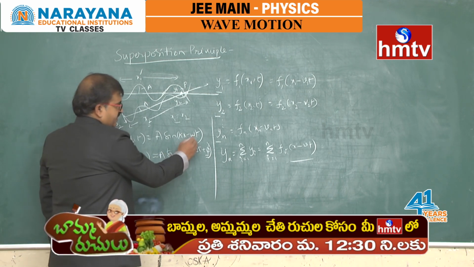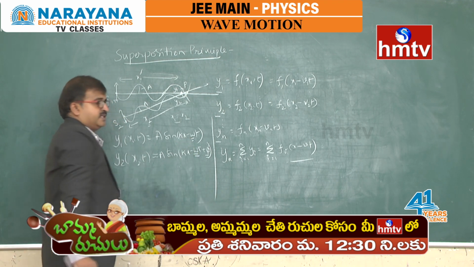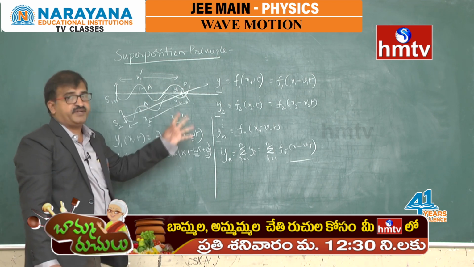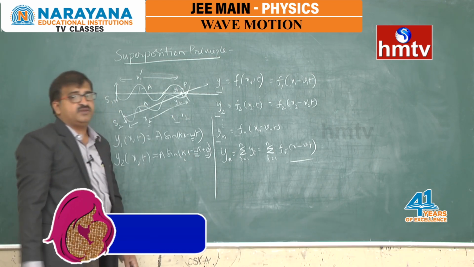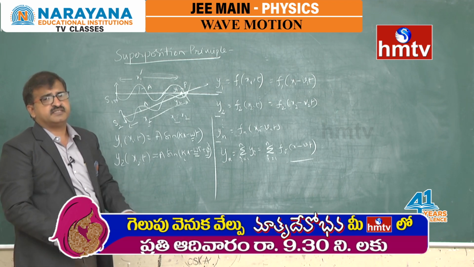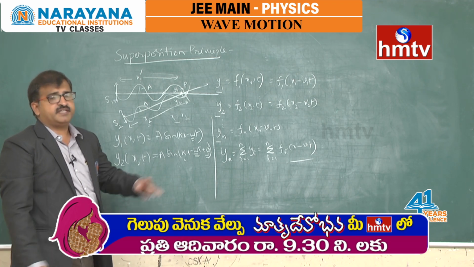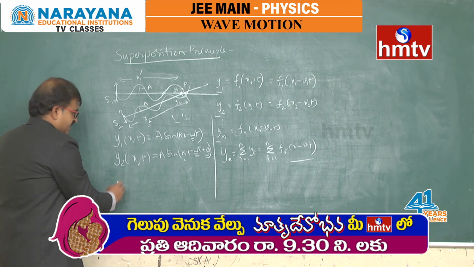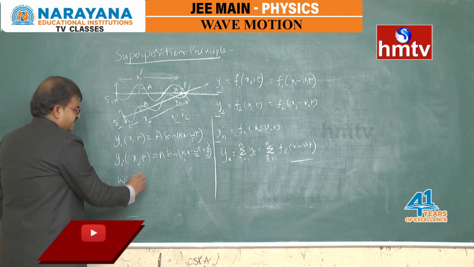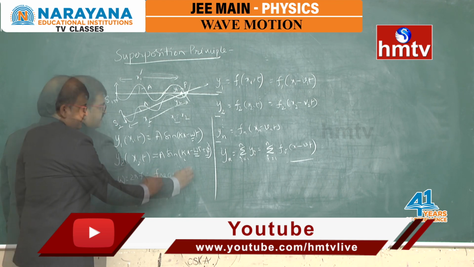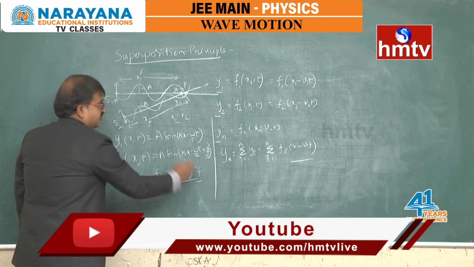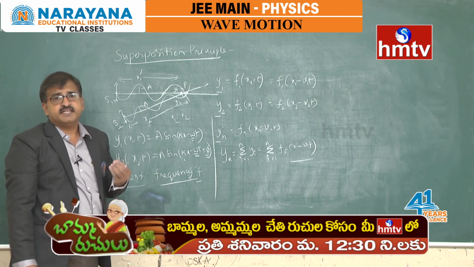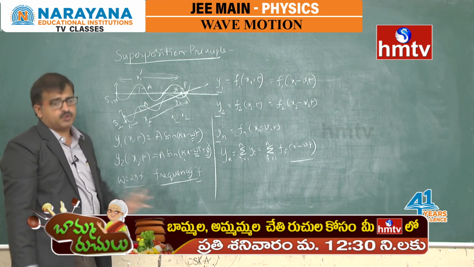But the one important condition we are considering here is that the omega value is the same and the waves are passing through the same type of medium, which means the k value is also the same. This is the fundamental case. Omega is the same, meaning 2 pi into the frequency, and the frequency of vibration is the same for both sources. The only difference we are considering is some phase difference between the two.